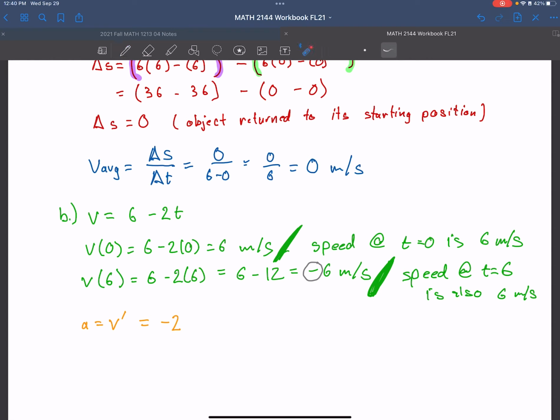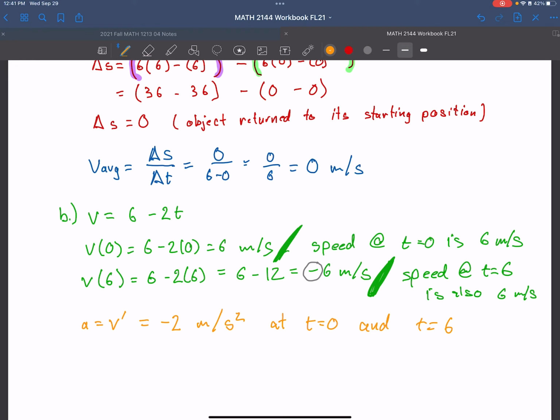Because the derivative of 6 is 0, and the derivative of minus 2t is minus 2. This is technically meters per second squared, keeping track of our units, the squared being our second derivative. So basically, the acceleration is minus 2 at t equal to 0 and t equal to 6, the endpoints.